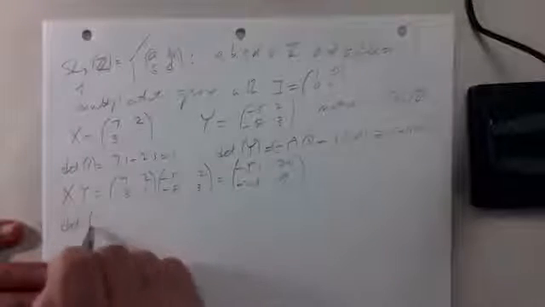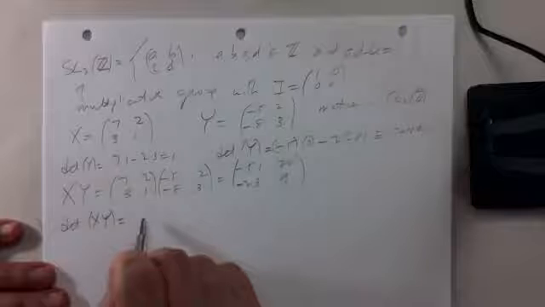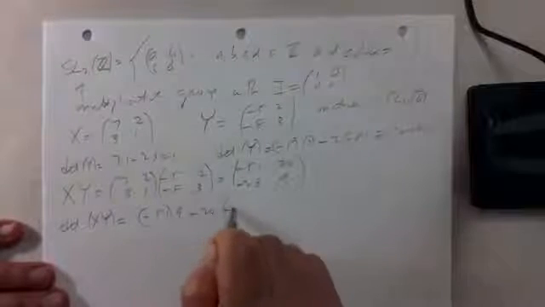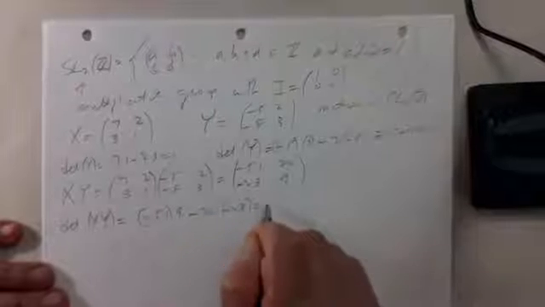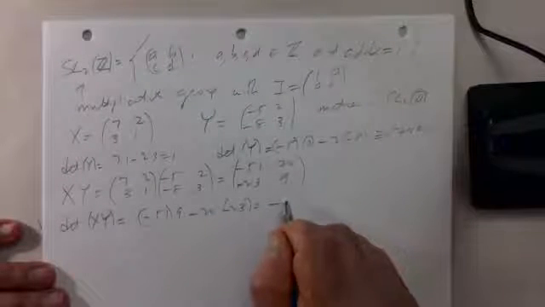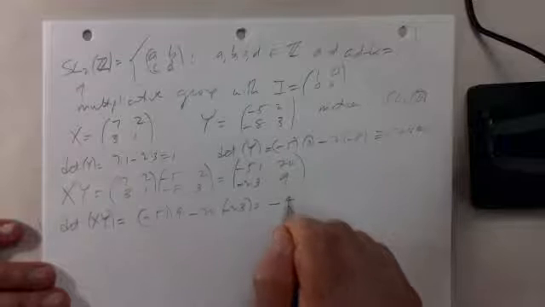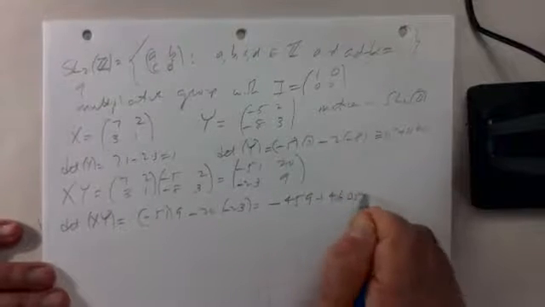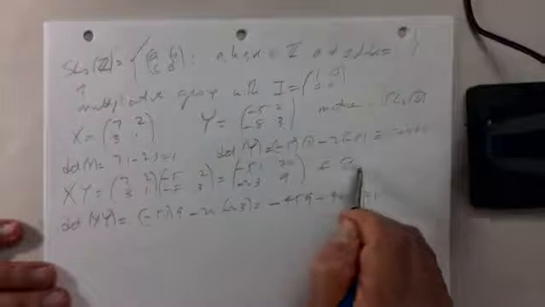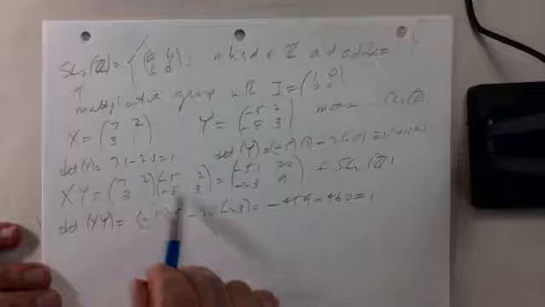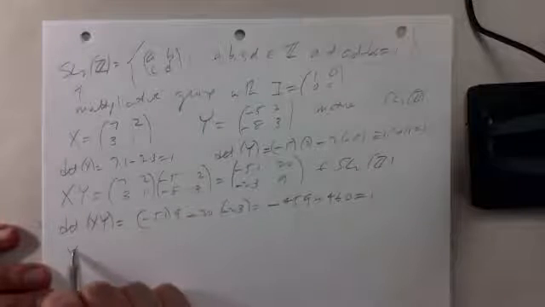So the determinant of xy is minus 51 times 9 minus 20 times minus 23. So this is minus 459 plus 460, that's 1. So this is in SL2Z, of course. Here, the product of two matrices with determinant 1 has determinant 1. Suppose I multiply in the opposite order.